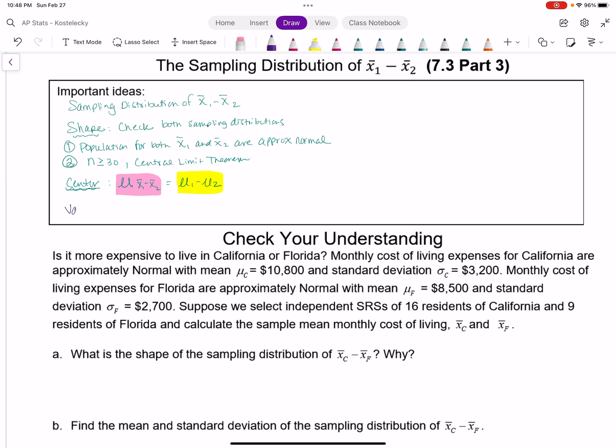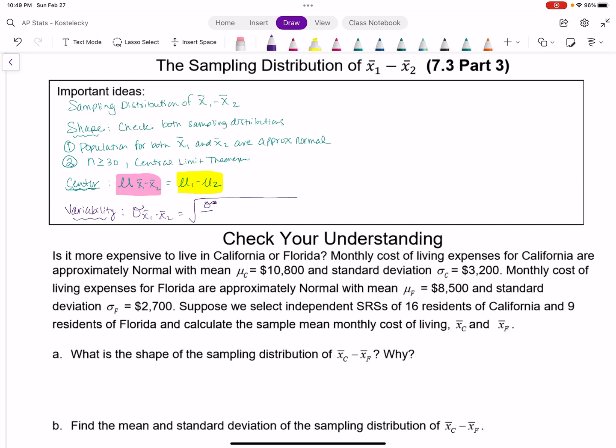Your variability, that's going to be your standard deviation. So the standard deviation of x bar 1 minus x bar 2 is equal to, and very similar to proportions, we're going to take that formula for one mean, which was the standard deviation over the square root of n, but we have it under a square root already, so it changes slightly.